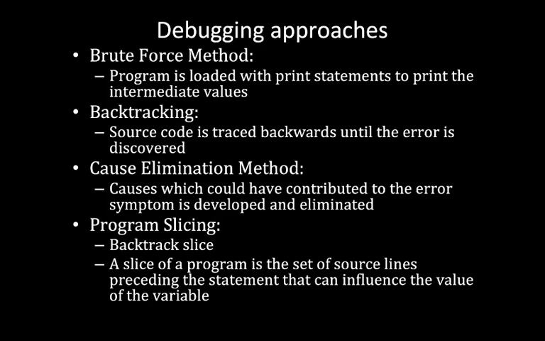But in this case we divide the program into different slices. For example, we slice the program based on a variable. If there is a variable x and we slice the program based on x, wherever x is used, all those statements will belong to a particular slice. Based on that we can slice the program and easily backtrack. That is known as program slicing. So we can easily find the error by slicing the program into different small slices.